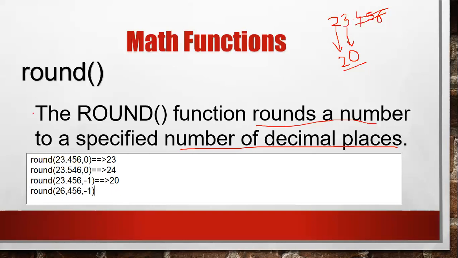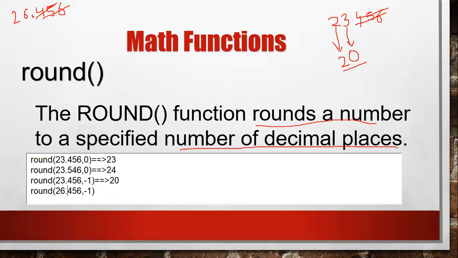So now it is 26.456. You can see that it is written minus 1, so we simply ignore the data which is written after the decimal point, and we consider only the data which is written before the decimal point.